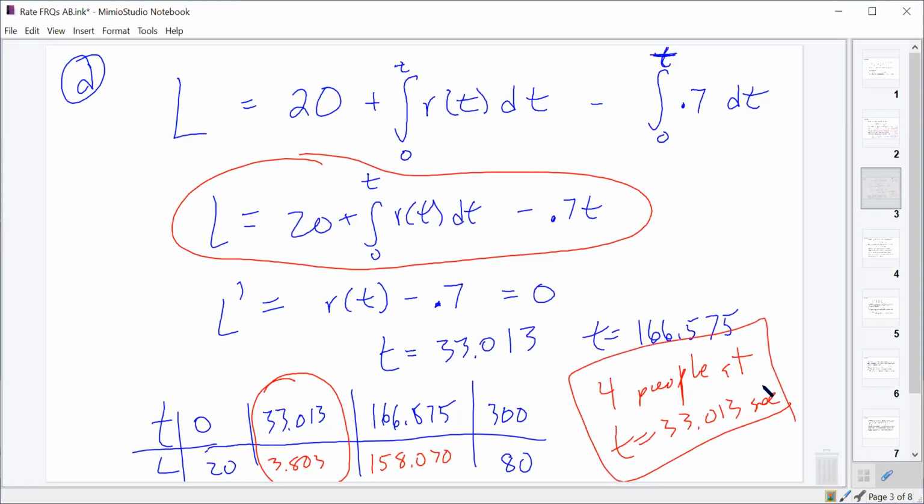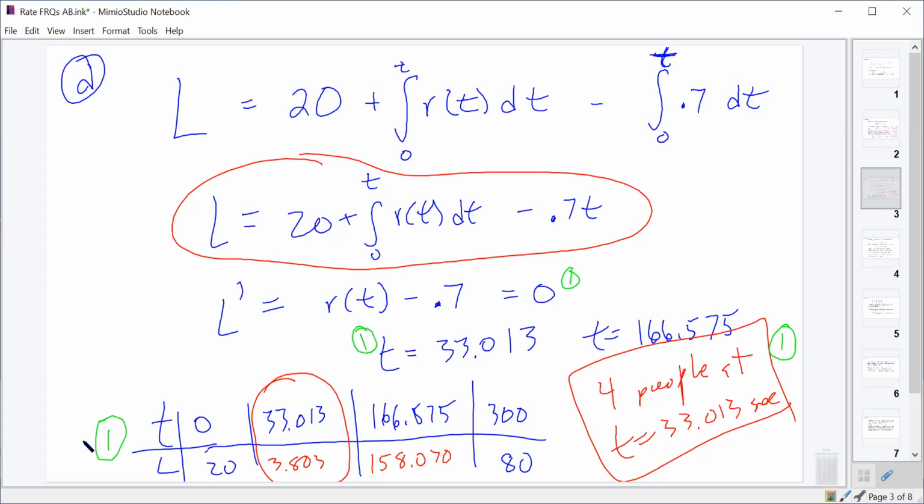And the point breakdown for this one is worth 4 points. 1 point if you set r of t minus 0.7 equals 0. 1 point for identifying this value, 33.013, as a possibility. 1 point for the answer, and 1 point for your justification to show that that was the minimum. You could have done a sign chart also.